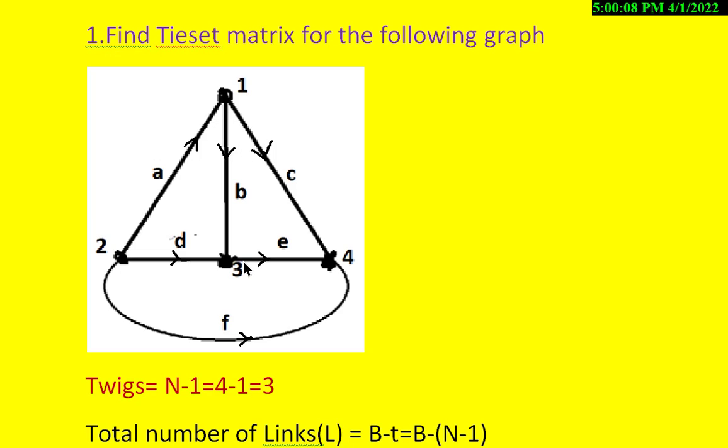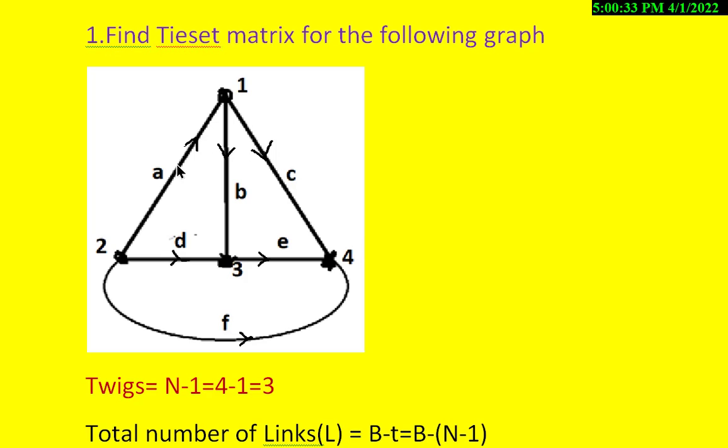So this graph is nothing but an oriented graph in which we find four nodes. This is one node, which is represented by one dot here. Similarly, this is the second node, represented by 2, and this is another dot, that is node 3. This is another dot, the fourth node.